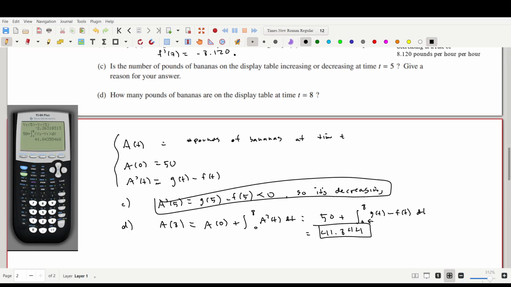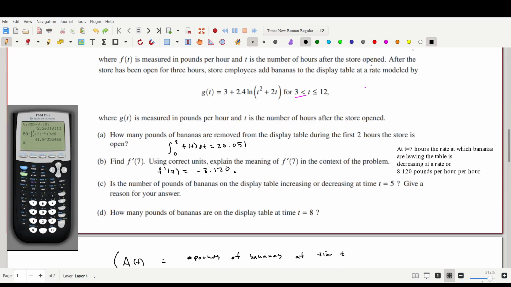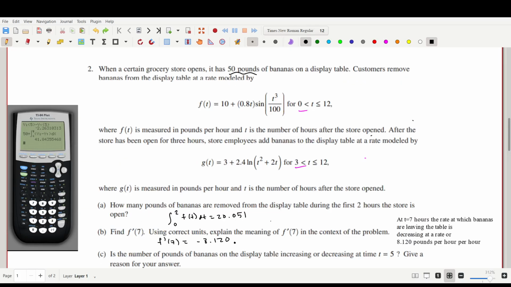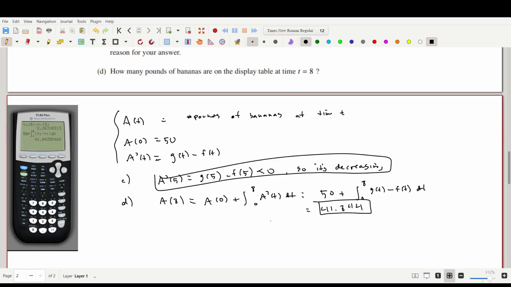I knew they'd get me with that. Remember that G only works from 3 up to 12. So this was actually wrong. This needed to be the integral from 3 to 8 of G of t dt minus 0 to 8 f of t dt. That's annoying.